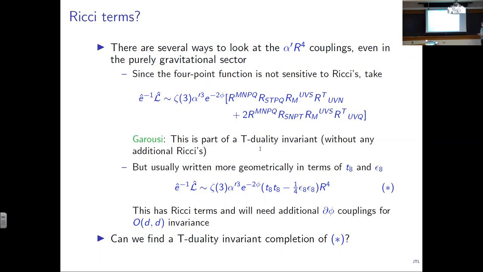And the Ricci's give you single traces. And the only other places you have single traces are dilatons. So the end result is when you have Ricci's, you need to have dilatons. So this is telling you that if I write epsilon 8 R to the 4, I'm going to have to add dilaton type corrections, which we never thought we needed. But our understanding now is that you need to have dilaton photons as well in the spaces.